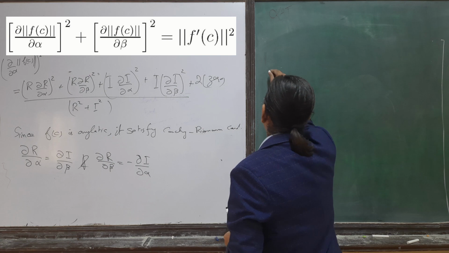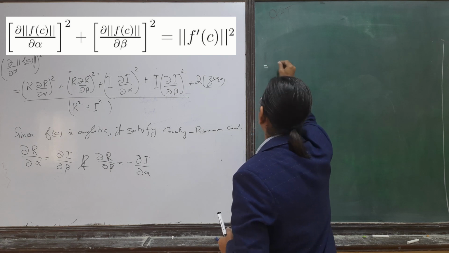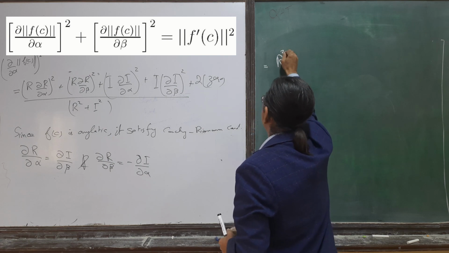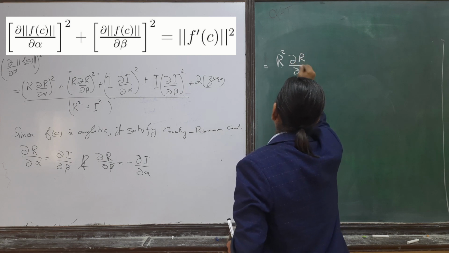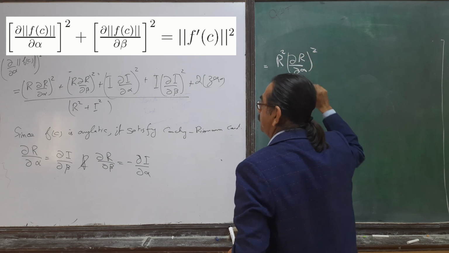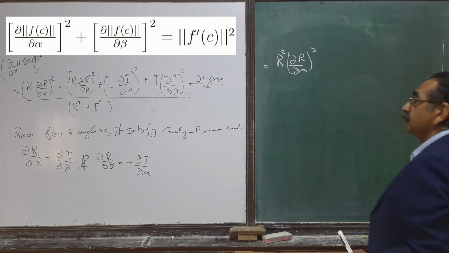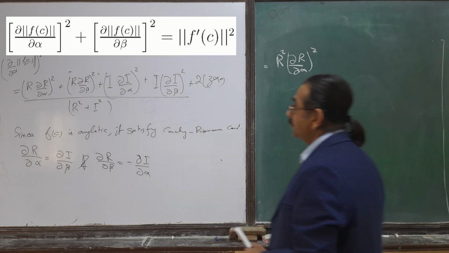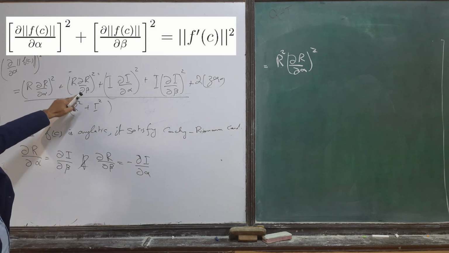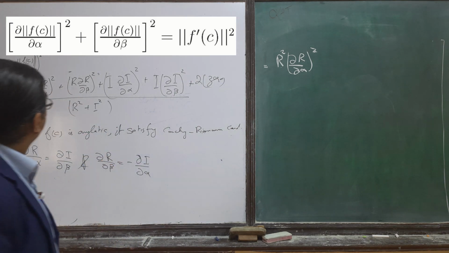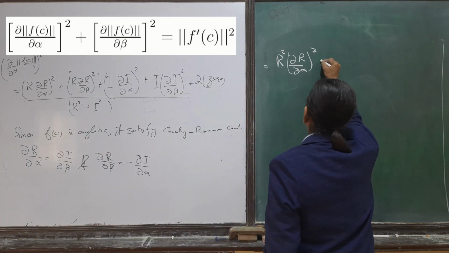So you will have R square partial R over partial alpha whole square, and partial R over partial beta is equal to plus.